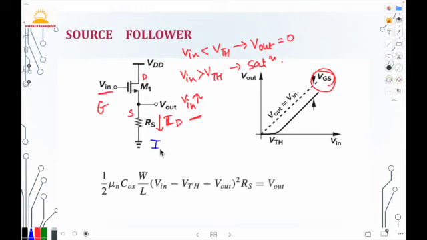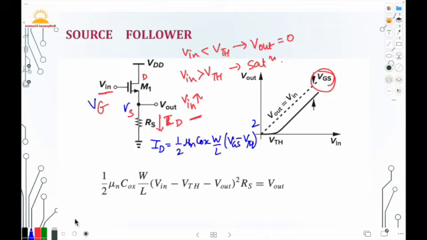Here the drain current is given by half mu n Cox W by L times (VGS minus VTH) whole squared. Now what is this VGS? You can see the gate voltage is Vin and the source voltage is Vout.